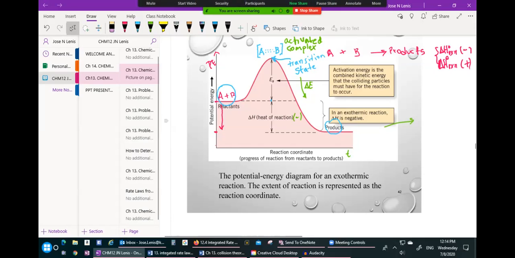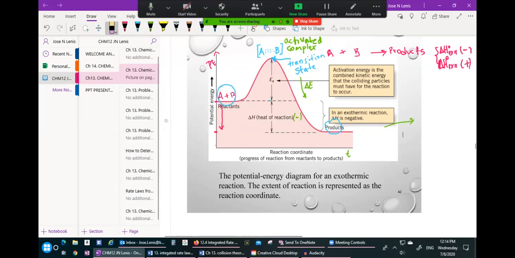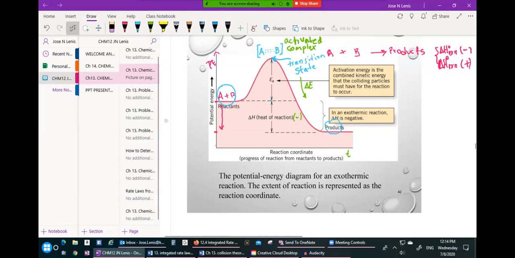We can have a situation like this for a potential energy diagram. Remember, the potential energy diagram has potential energy here increasing, and we have time.